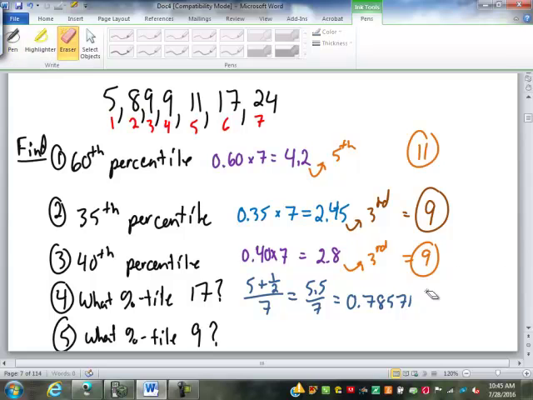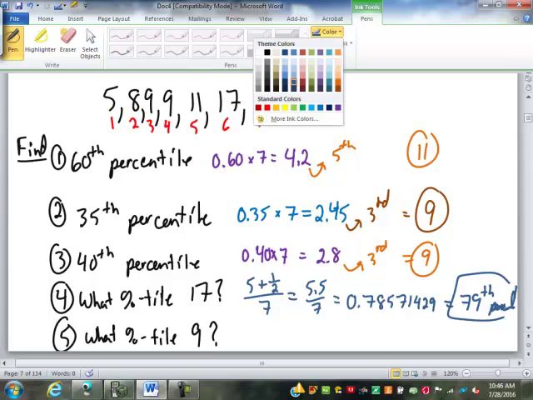Left out my 4. Correct? Sure? Okay. Which, of course, is going to be the 79th percentile. How many of you got the 79th? Any questions on how we did that? How many just forgot to divide by 2 on the equals? A few of you. Okay.